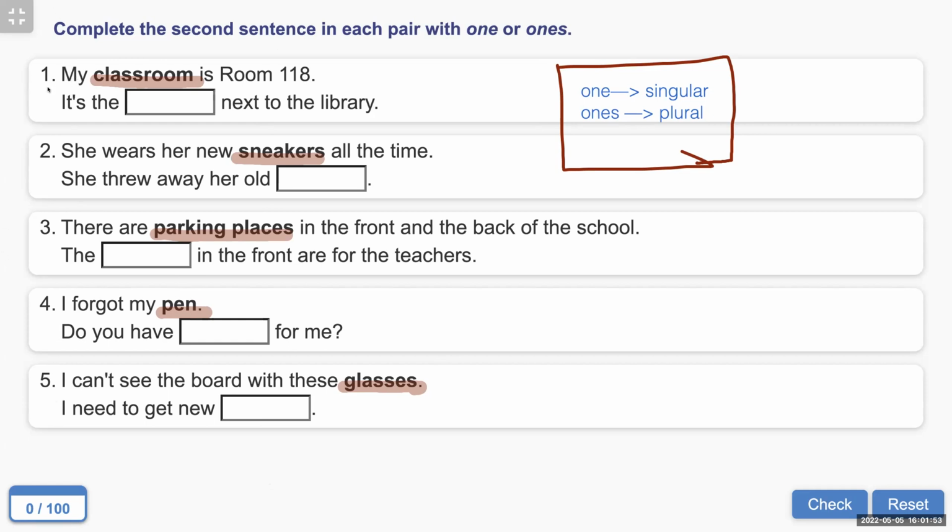So if number 1 says my classroom is 118, it's the one next to the library because it's singular, classroom. 2, she wears her new sneakers all the time. This one ends in an S, so this one has to be ones. She threw away her old ones. Please try 3, 4, and 5. Let's go ahead and delete this.